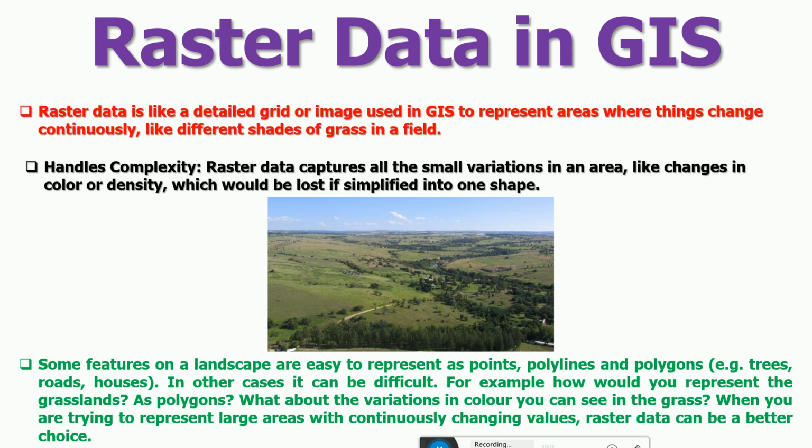For example, how do you represent grassland? Data is represented as lines, points, or polygons, but what about the variation in colors you can see in the grass? When you are trying to represent large areas with continuously changing values, raster data can be a better choice.